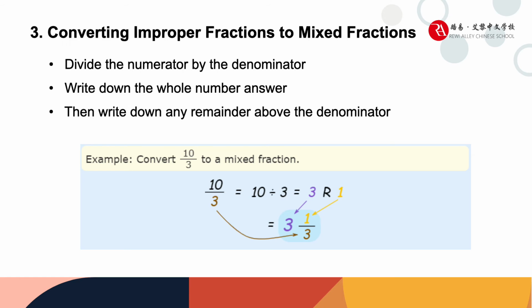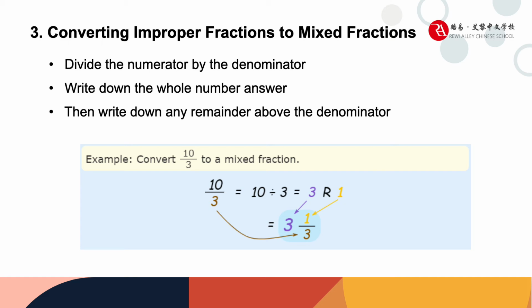Okay, let's look at an example. Converting an improper fraction 10 over 3 to a mixed fraction. We divide the numerator by the denominator, so 10 is divided by 3. Then we can get quotient 3 and remainder 1.